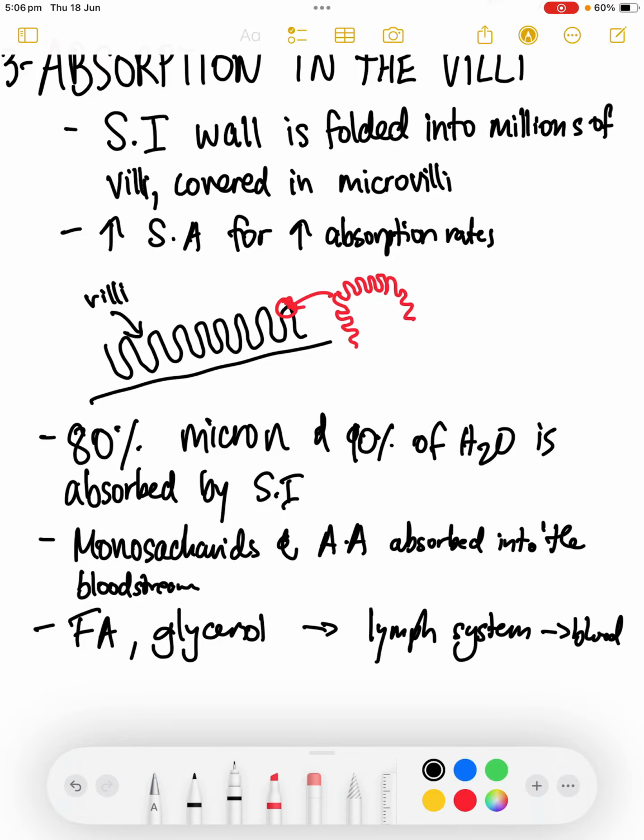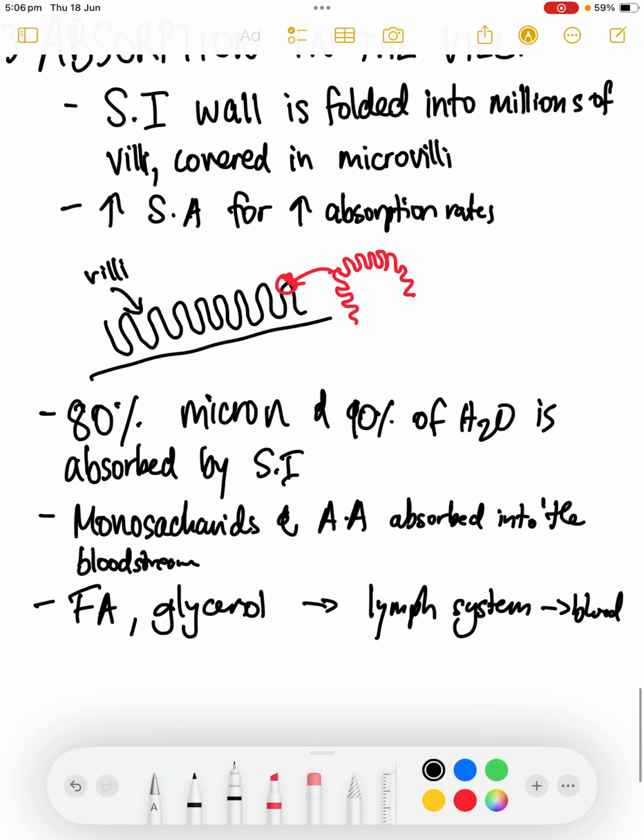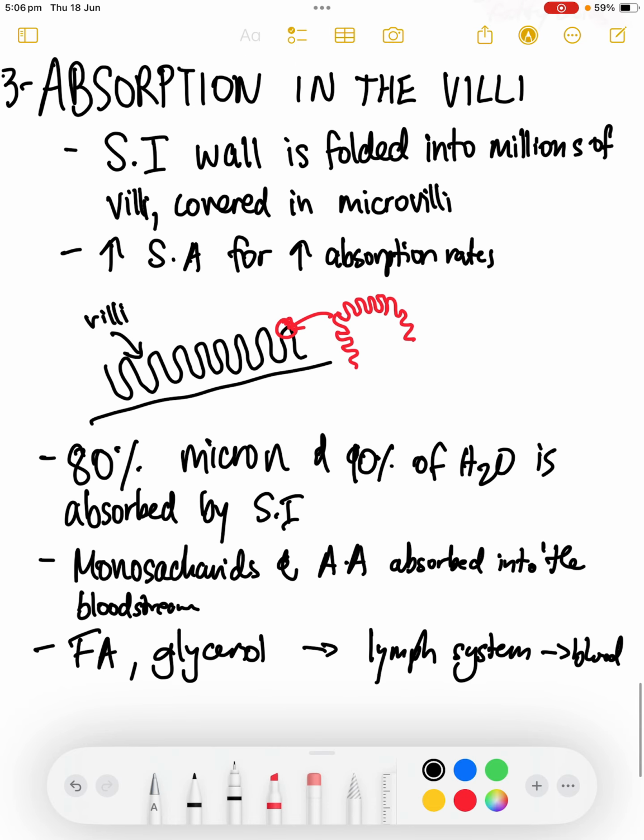And absorbed nutrients will travel to the body for use or storage, or for the liver to further increase metabolism. But the big thing there with villi is you've got a folded nature, and it really increases surface area, and that increases absorption rates as well. Okay.